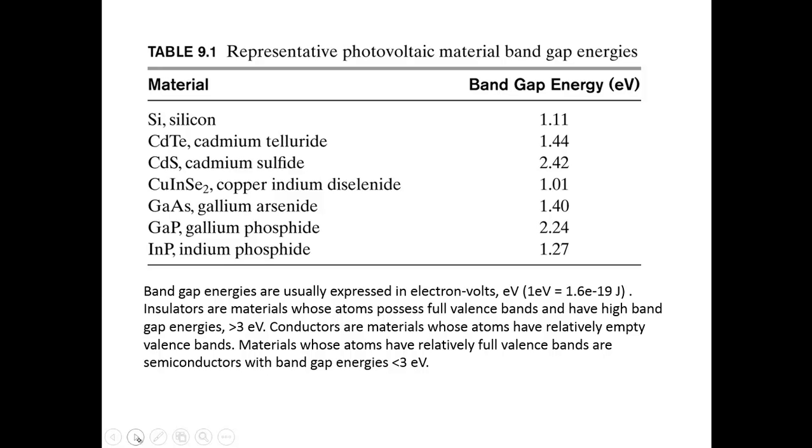Table 9.1 in your book shows different representative photovoltaic material band gap energies, namely silicon, cadmium telluride, cadmium sulfide, copper indium diselenide, and so forth and so on. All of them have band gap energies less than 3 electron volts.